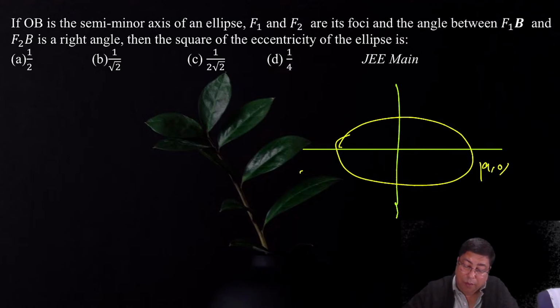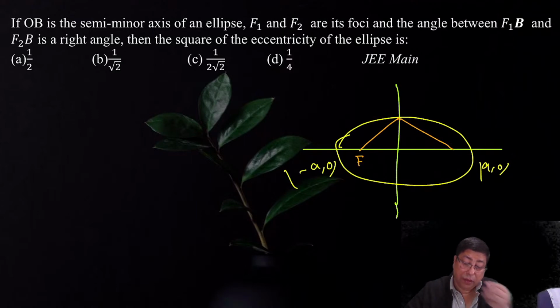This is minus a, 0, and this is the focus, suppose this is F1, and this is B, and this is F2.